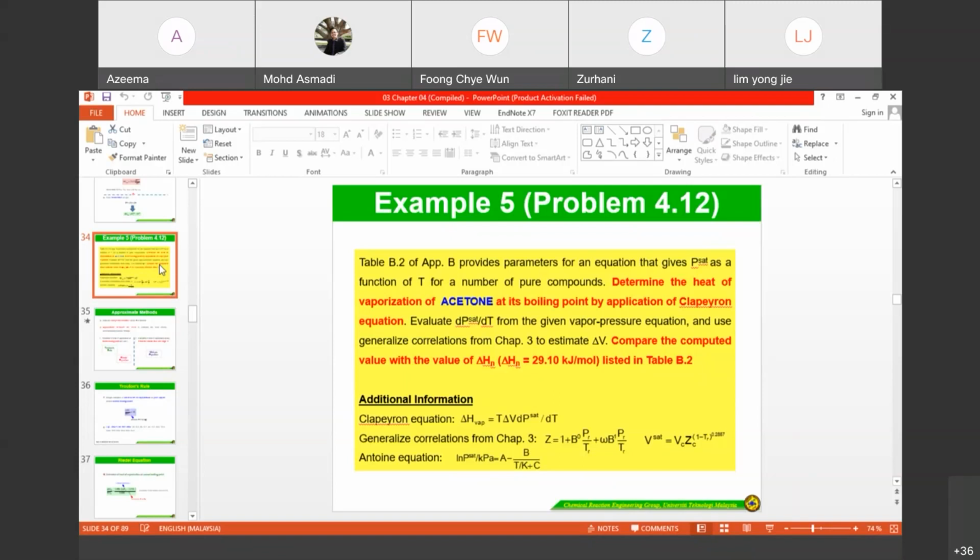Not here, I think. I think it's in chapter 4. There is the appendix B. Example 4.12, right?